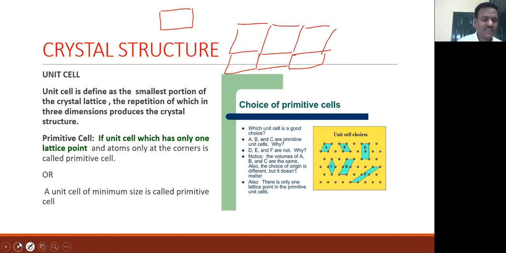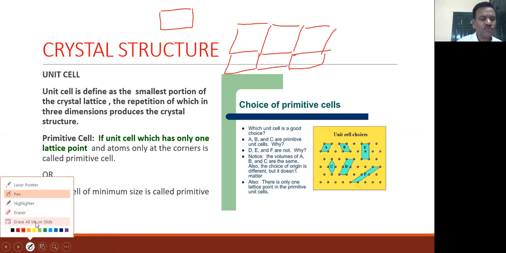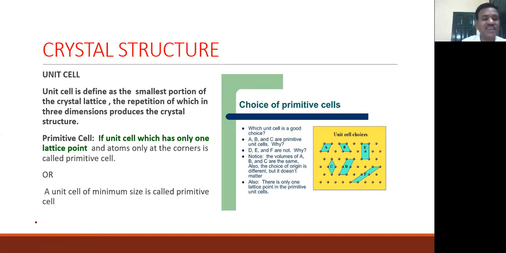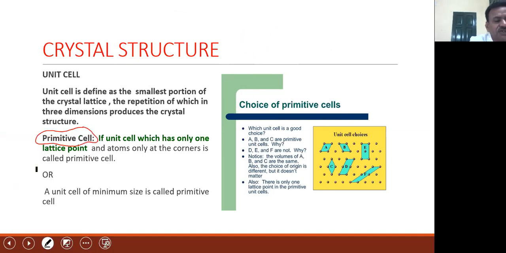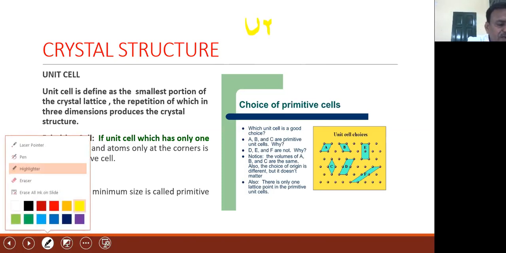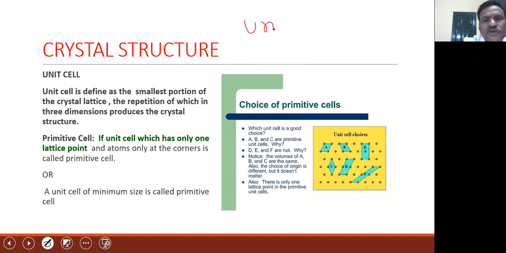There are 2 types of unit cells. One is the primitive cell, students. The unit cell is divided into 2 types.